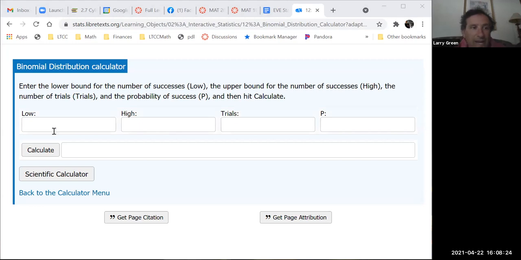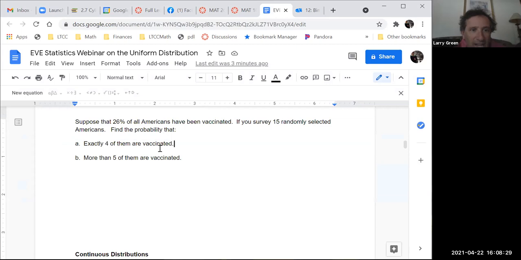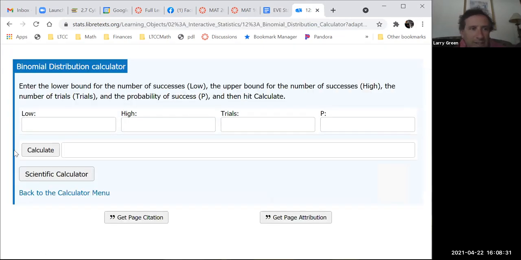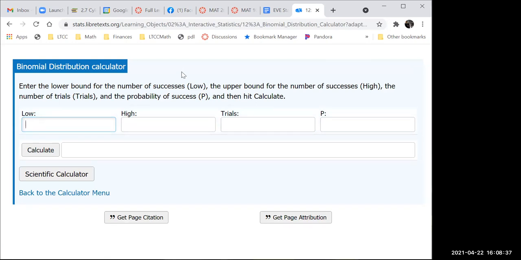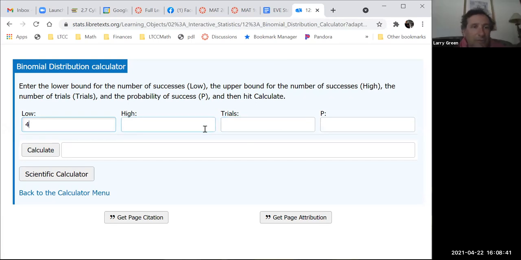Okay, so it asks for the low. And again, we want exactly 4 to be vaccinated. So what's the low? At 4. Yeah, the low is 4 because if you're under 4, then you're not exactly 4. How about the high? 4.